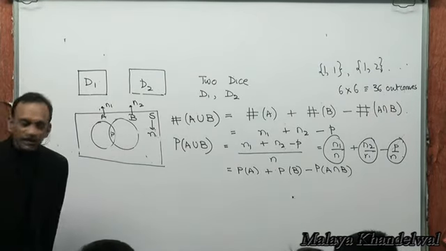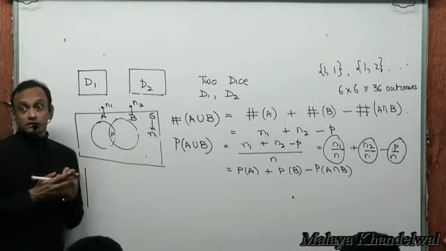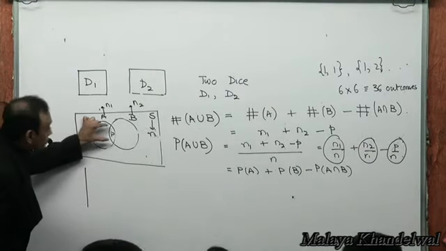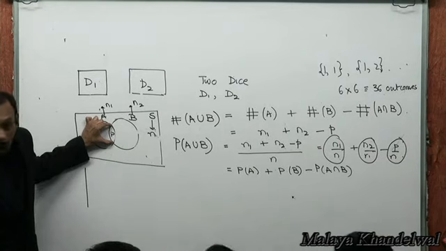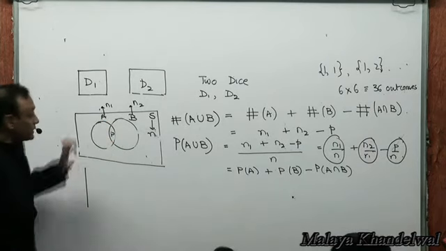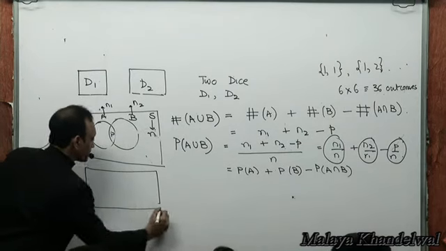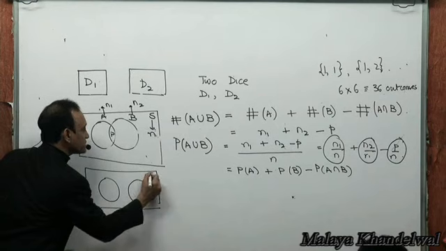Very clearly then, do you realize A and B are not mutually exclusive? They could occur together in P ways. If A and B have to be mutually exclusive, this is my sample space.